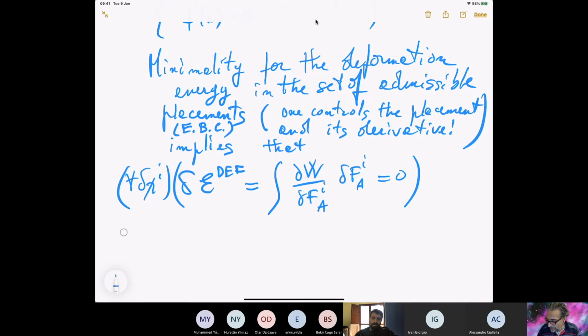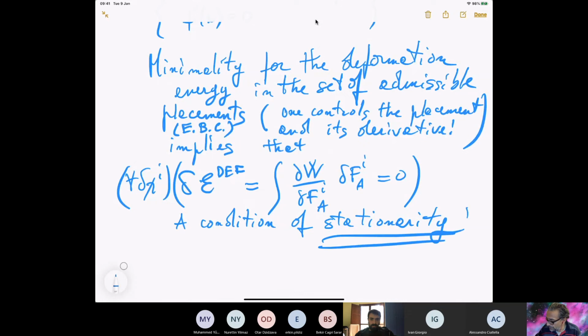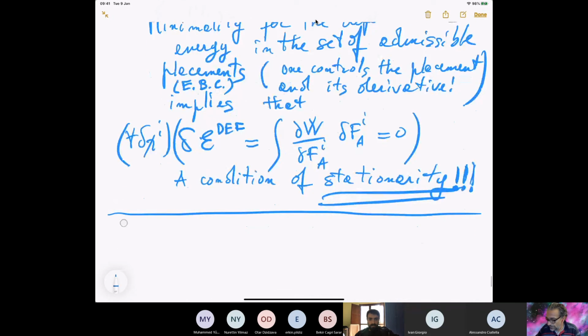This is a condition of stationarity. Okay. So this is a condition of stationarity.